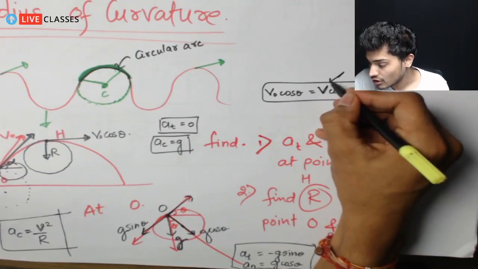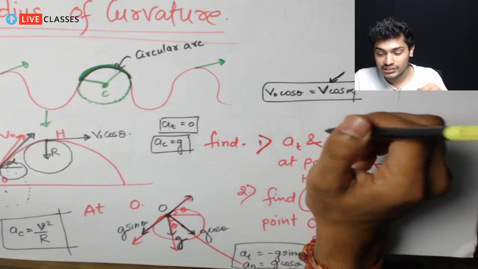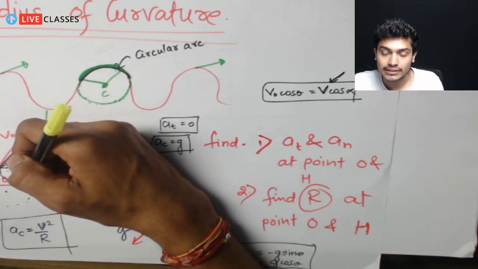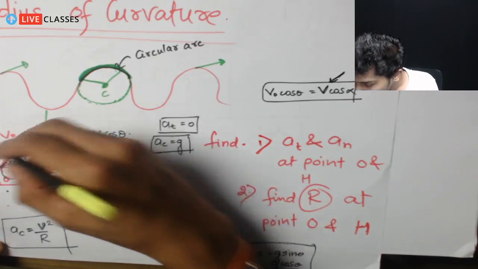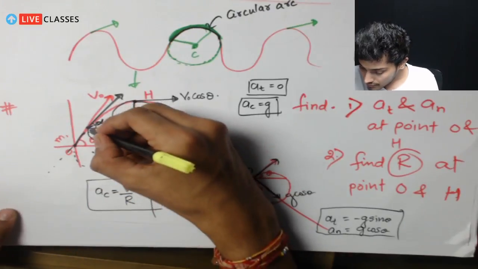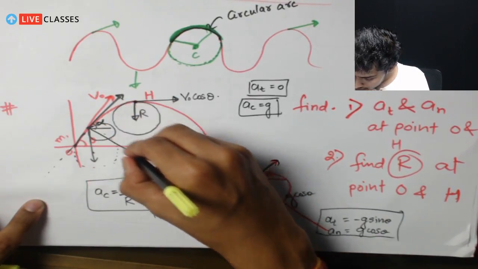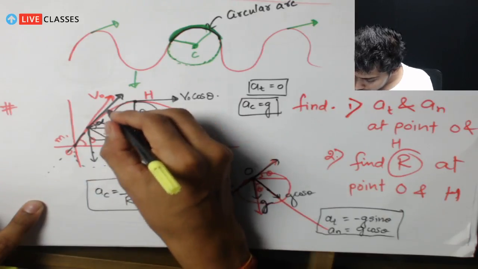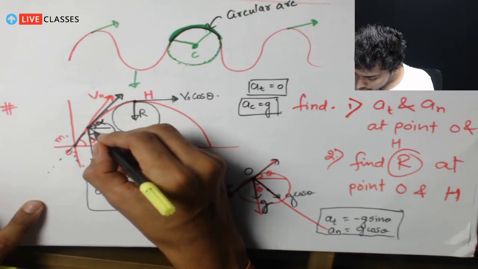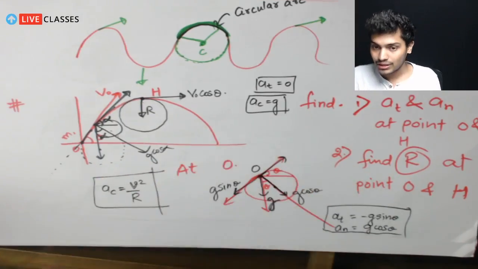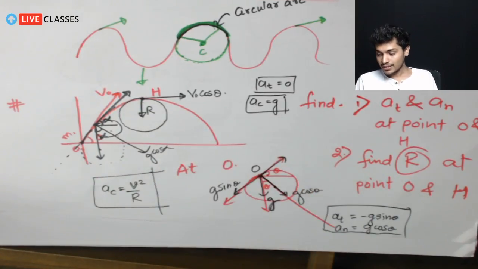So here we have got our v, and now we have to find the acceleration which is acting towards the center at this point. So here also you can easily find that the G which will be acting towards the center will be, this is alpha, so G cos alpha. Now you can find it, right?